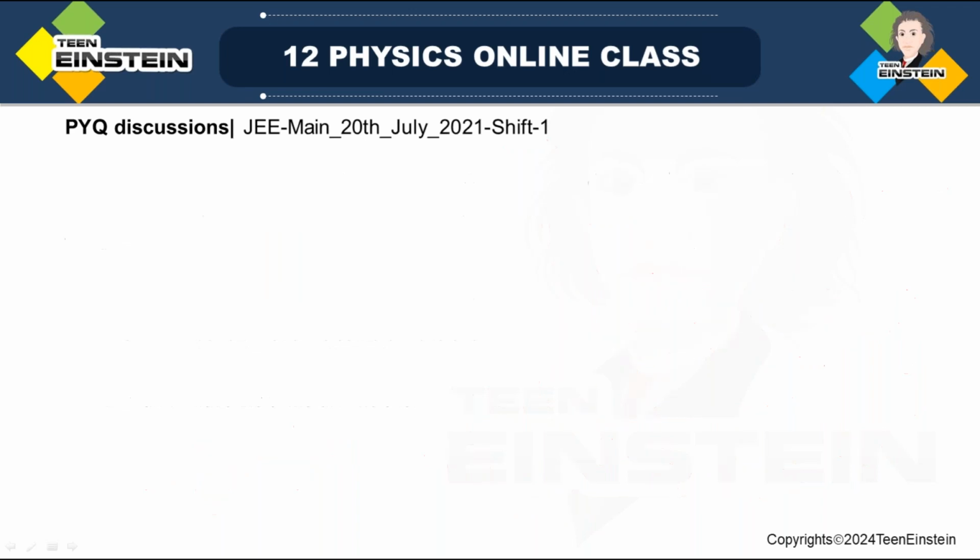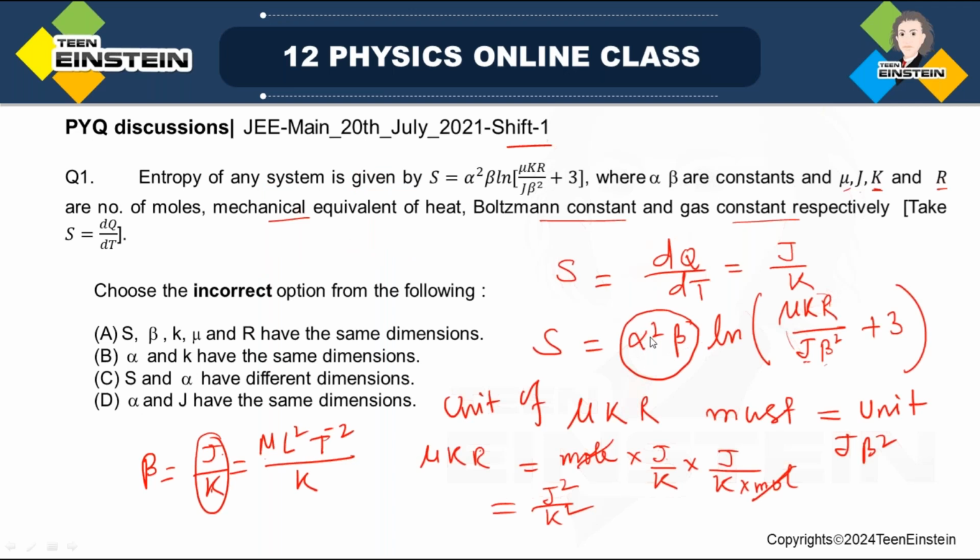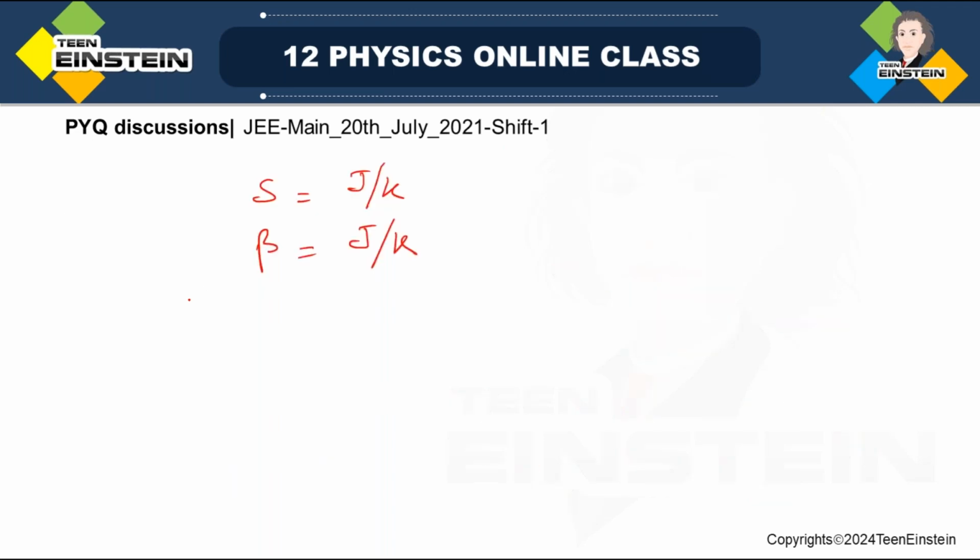So far what we have got: S is equal to joule per Kelvin, beta is equal to joule per Kelvin. From this expression, I can say alpha is a dimensionless quantity.